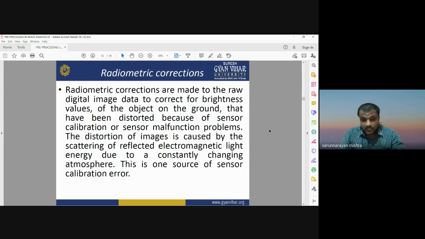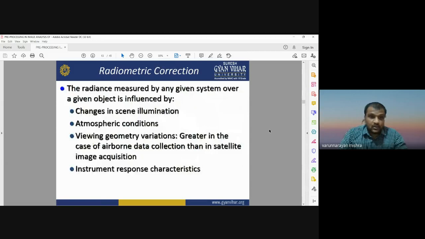So what happens in radiometric correction? The radiometric correction is performed on the radiance. Radiance is the incoming radiation, the incoming energy that is captured by the sensor on board the satellite. The radiance measured by any sensor over a given object is influenced by the change in scene illumination and atmospheric condition.